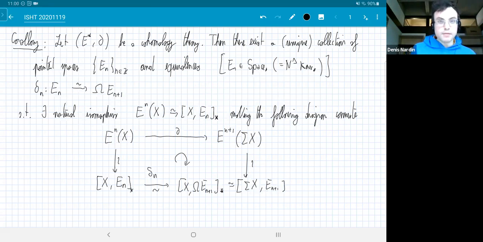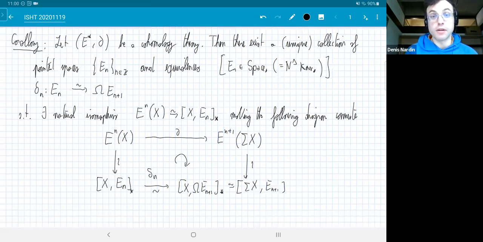Okay, let me get this corollary from the main theorem, unless there are other questions about the statement of the corollary. No, okay. This corollary also sometimes goes under the name of Brown representability theorem, by the way. So it's slightly less general than that.